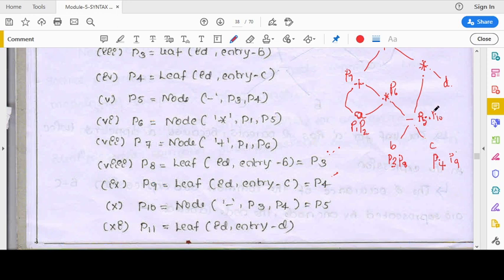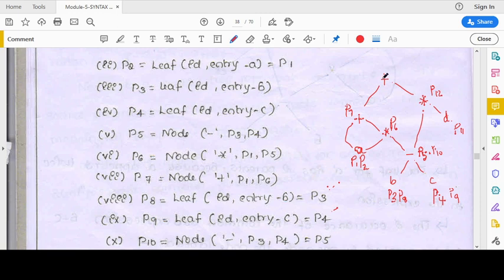So P10, the left entry of this is again a leaf, right? So D will be P11. P11 will be the leaf, and the left child of star is P5 and the right child is P11, and this becomes P12.